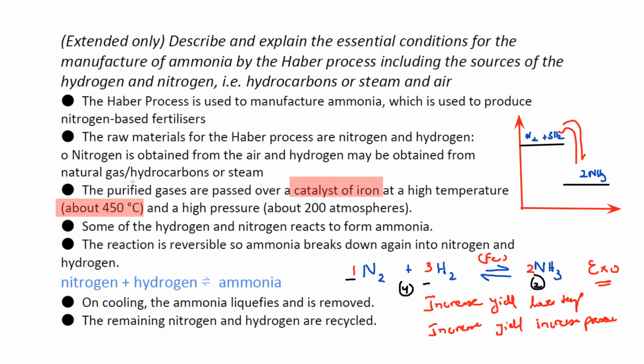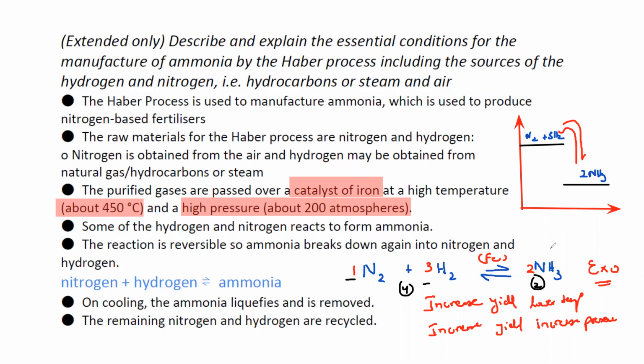And the pressure is very high. It's about 200 atmospheres, or 200 times 1 into 10 to the power 5 pascal, which is a very high value. Nitrogen reacts with hydrogen to form ammonia. The reaction is reversible, so ammonia can break down into nitrogen and hydrogen. On cooling, ammonia liquefies.